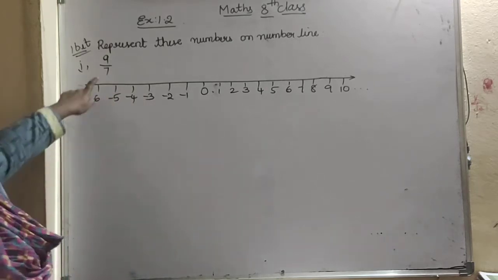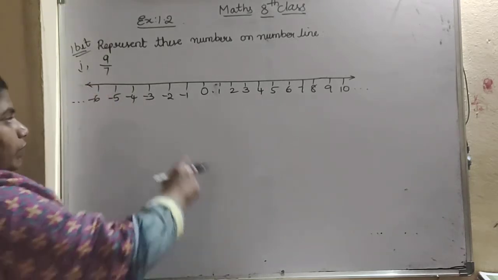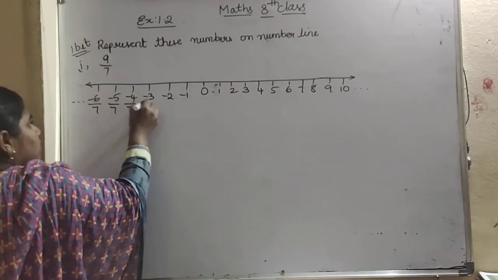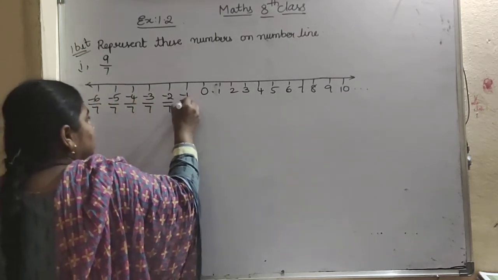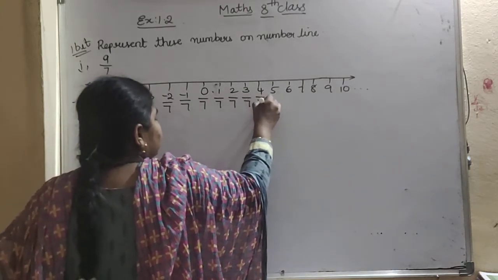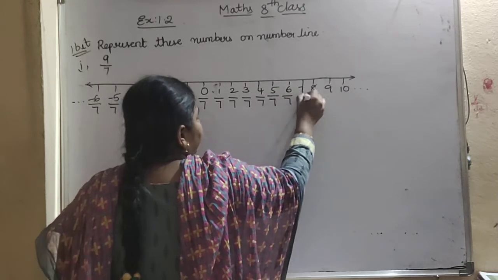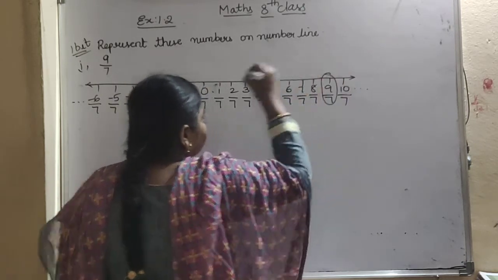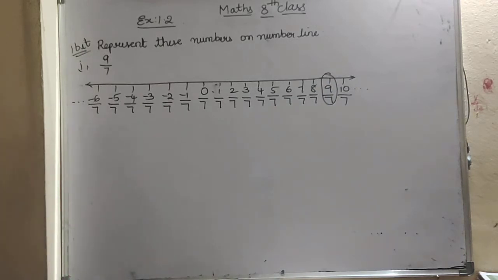So here denominator value is what? 7. So we have to divide all the numbers with 7 now. So where you are seeing 9 by 7, just round off that value. So this is how you will represent the rational numbers on your number line.